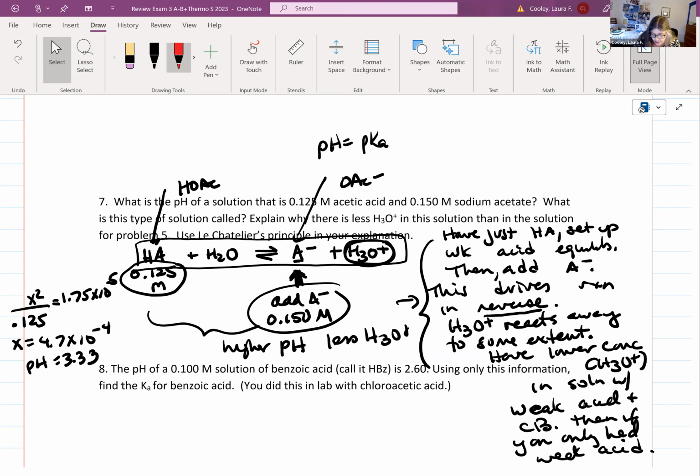Now that you said that I shouldn't do it, I did it anyway. So it'd be the negative log of 1.75 times 10 to the negative fifth plus the log of 0.150 over 0.125.